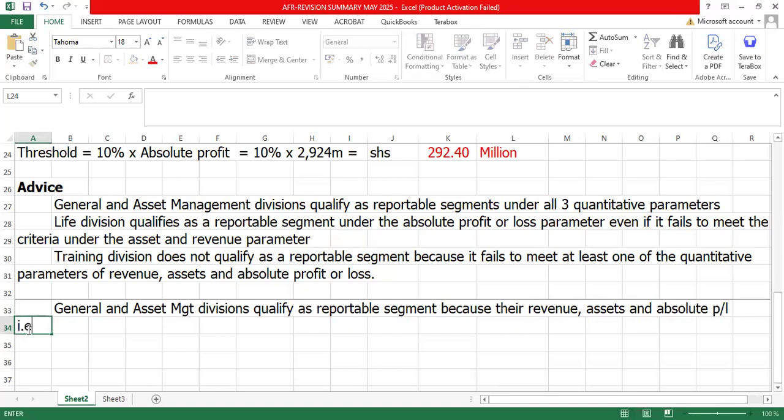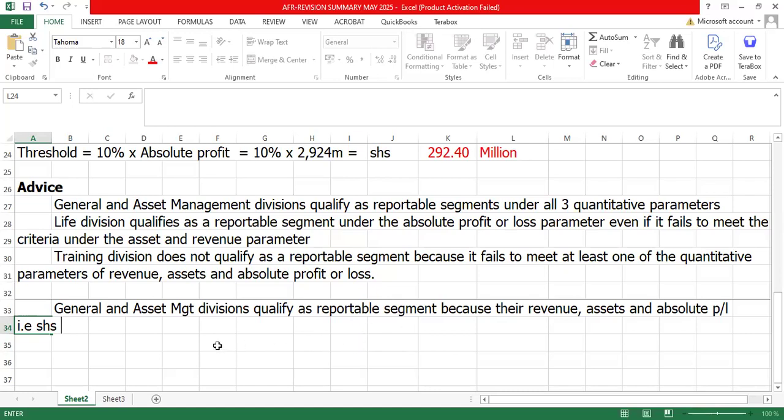That is where you bring the figure, in shillings. What is the revenue? Assets qualify because they are revenue, assets, and absolute profit.